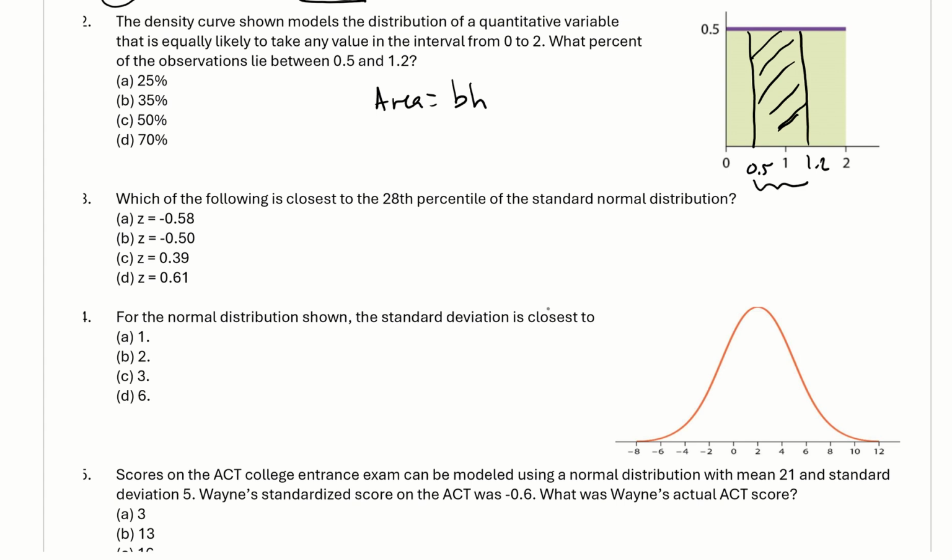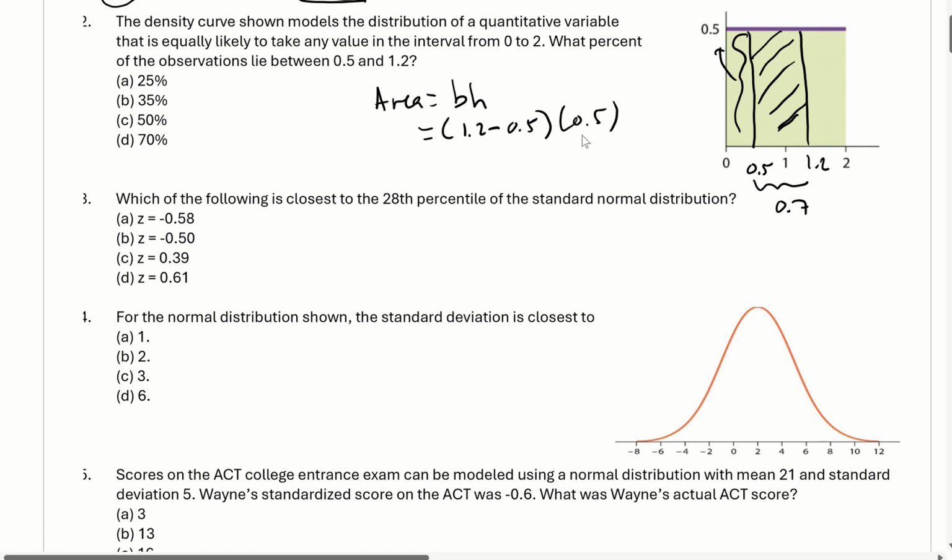The base is 0.7 because 1.2 minus 0.5. But let me just show my work. And then times the height, which is 0.5. So it's 0.7 times 0.5, which is 0.35. And so the answer is 35%.